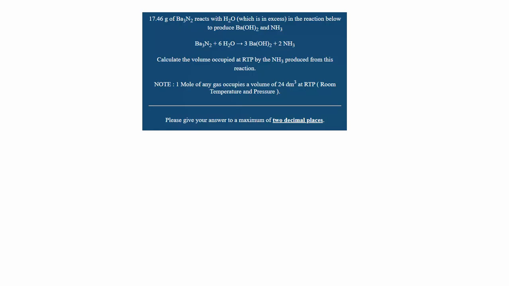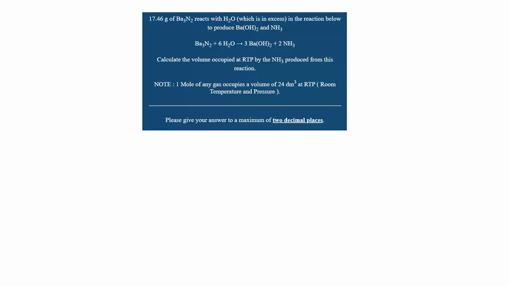Okay, so in this case, we've got Ba₃N₂, which is in effect barium nitride, reacting with H₂O, and the H₂O is said to be in excess, and this produces, in this particular case, Ba(OH)₂ and NH₃, right?